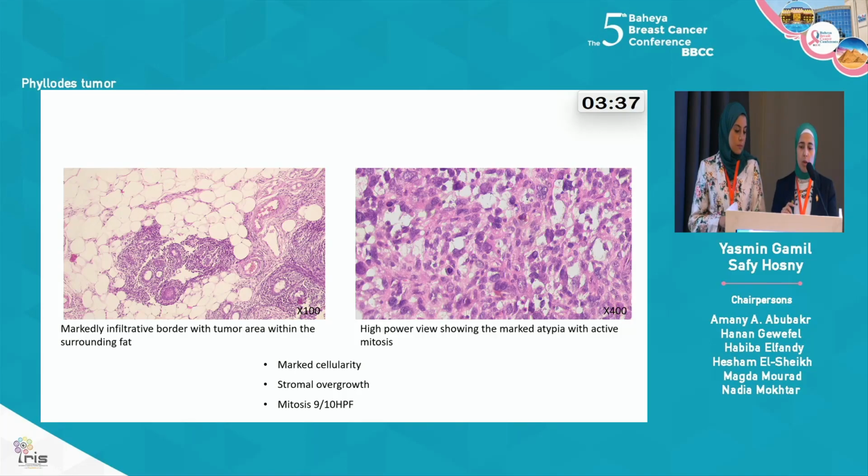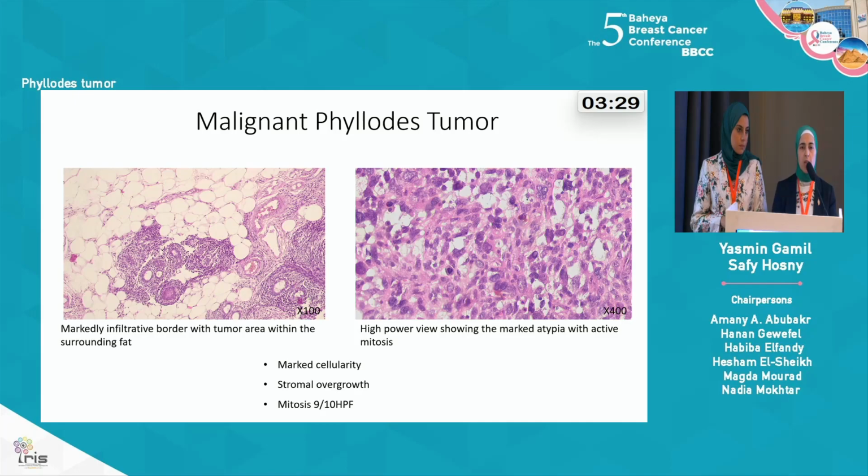There was also marked cellularity, wide areas of stromal overgrowth, and mitosis was counted at 9 per 10 high power fields. So the case was diagnosed as malignant phyllodes tumor, and the surgeon had to go back to do a wider excision to reach a complete 1 centimeter margin all around the tumor.